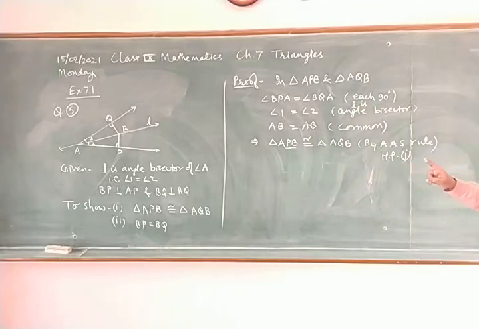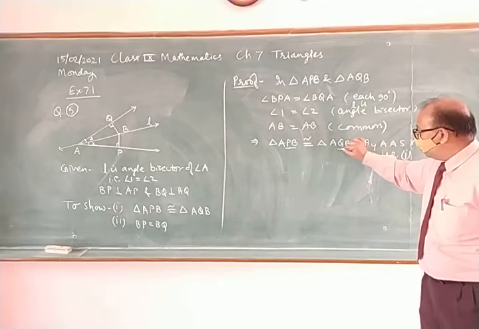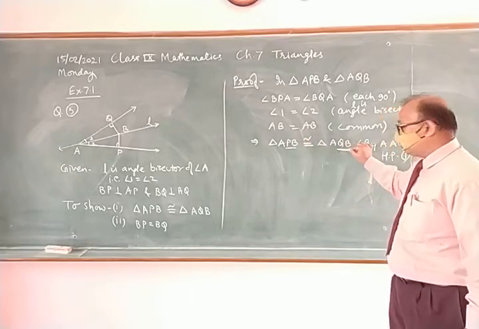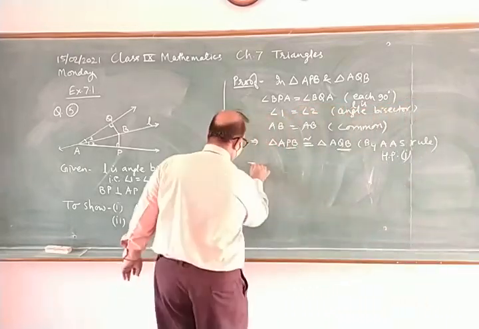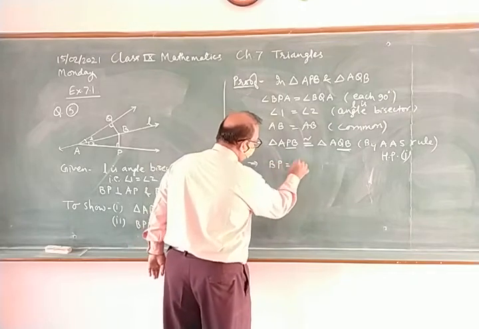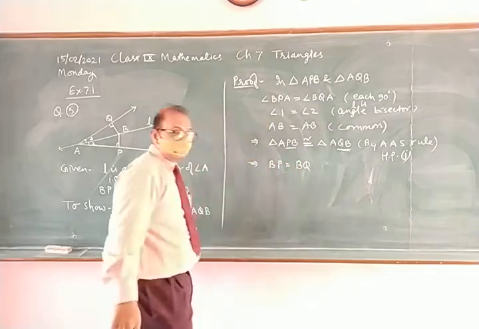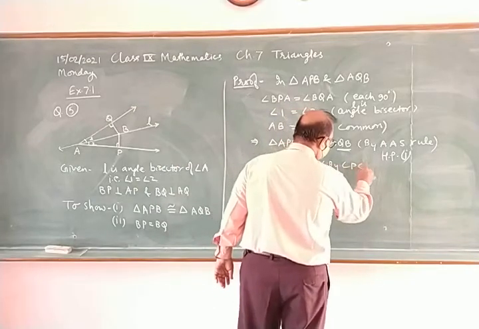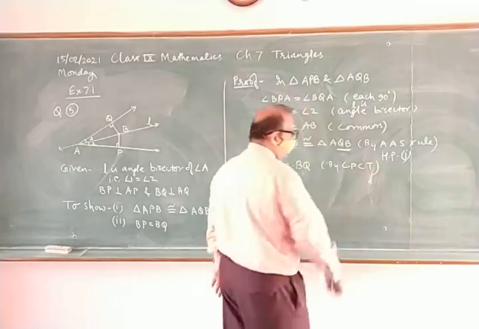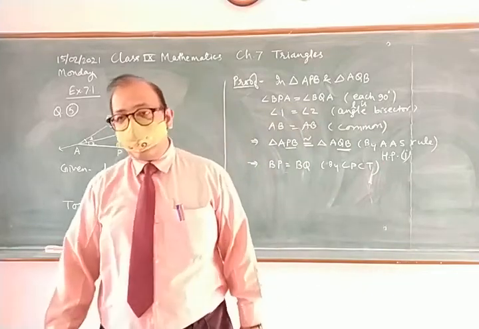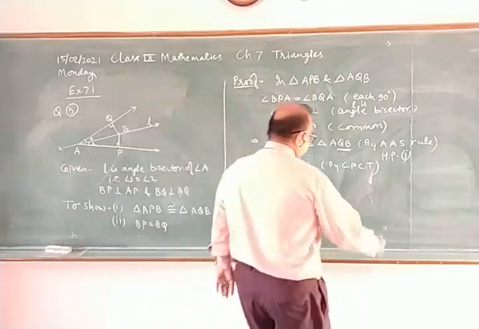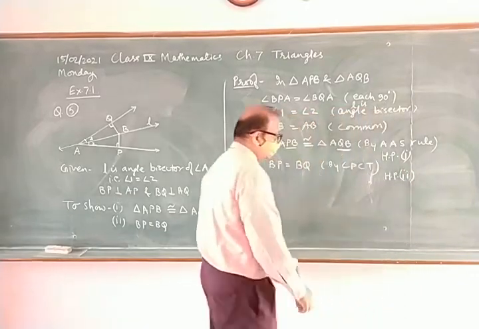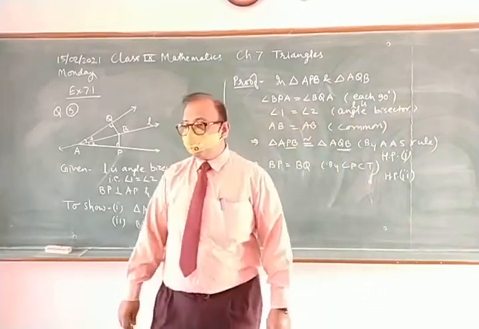The corresponding side of BP is BQ. So BP is equal to BQ by CPCT, corresponding parts of congruent triangles. Hence proved part number 2. So in this way we can prove this one.